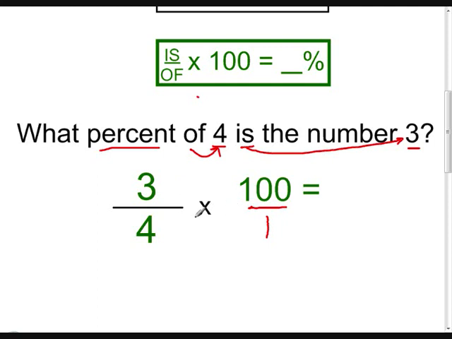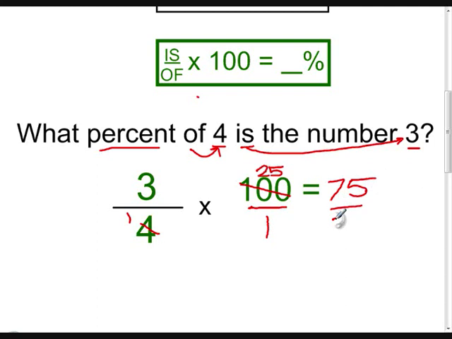But in this case, I've got a 4 and 100. They can both be divided by 4. 100 divided by 4 is 25. 4 divided by 4 is 1. Now I'm going to do the multiplication. 3 groups of 25 is 75. And 1 lot of 1 is 1.